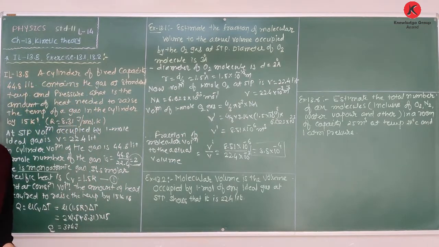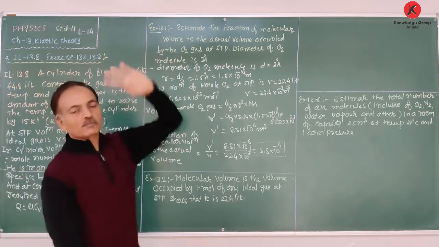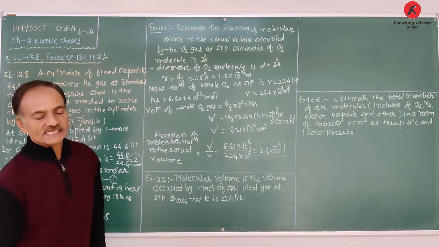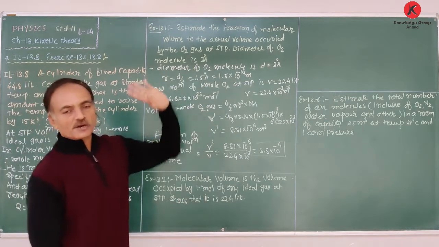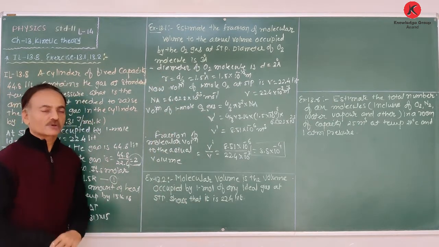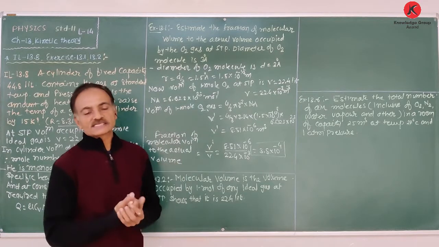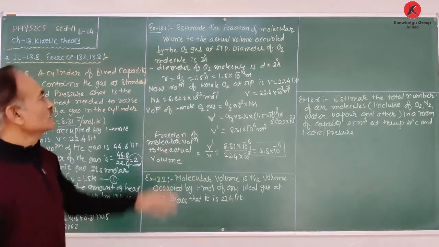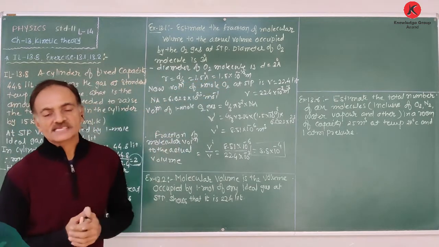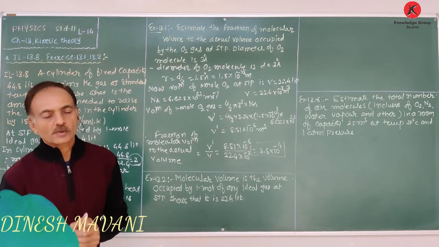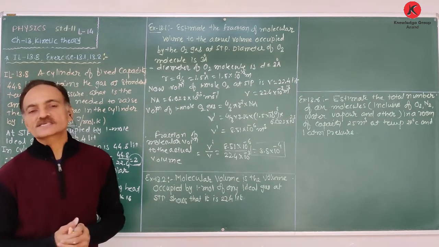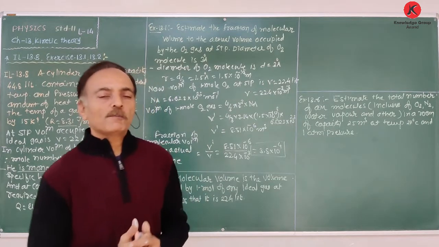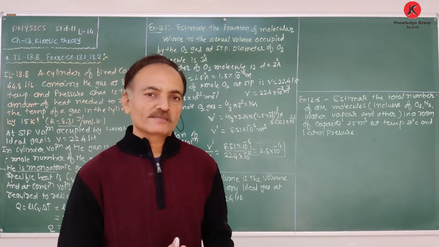Again, we have to find the fraction of molecular volume to the actual volume occupied by the oxygen gas at STP. The diameter of the oxygen molecule is given as 3 angstrom. Therefore, radius is 1.5 angstrom, so 1.5 × 10^-10 meter. Okay. So how do we calculate the fraction of the volume? Here in 1 mole the number of molecules is equal to the Avogadro number.